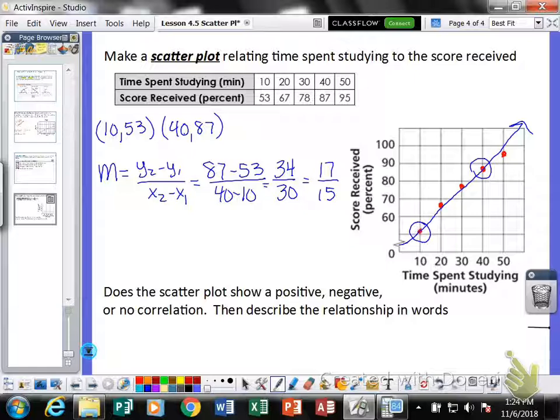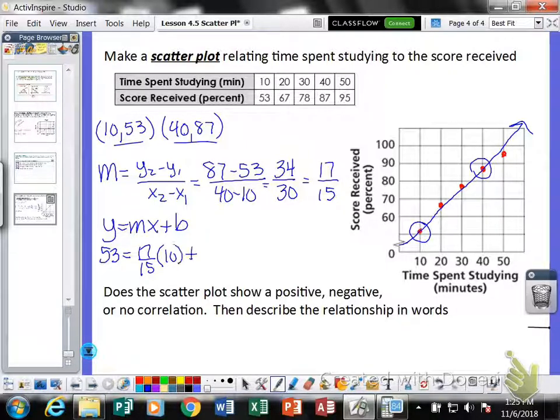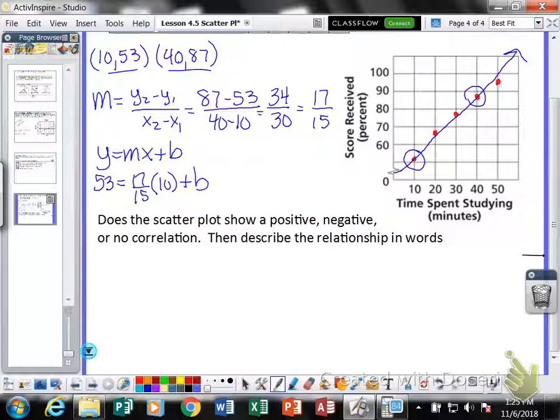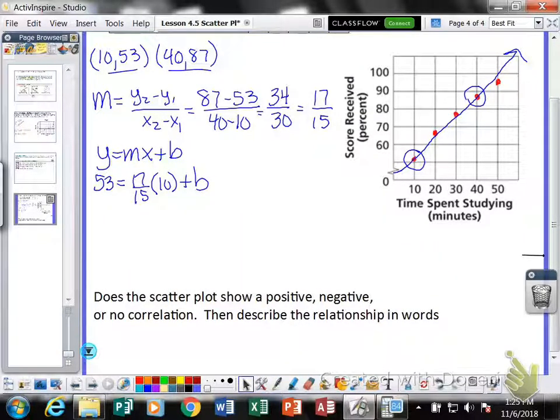I'm not done. Now, using my equation y equals mx plus b, I can substitute in, pick a point, 10, 53 or 40, 87. It doesn't really matter. I'm going to use 10, 53 just because they're a little bit smaller. So 53 equals 17/15 times 10 plus b. Then I do some math here. 5 goes into 10 2 times, 15 goes into it 3 times.